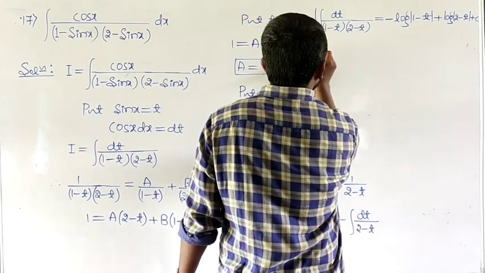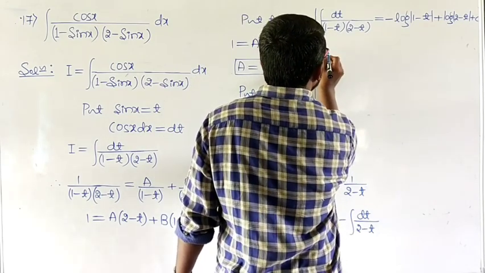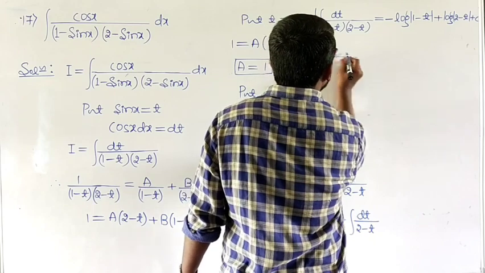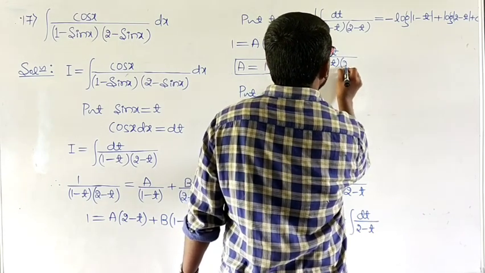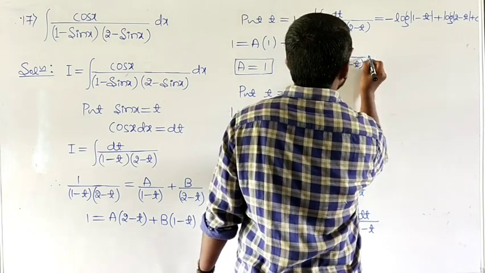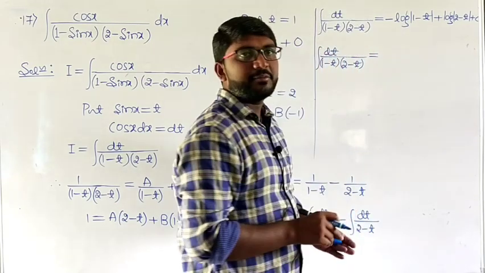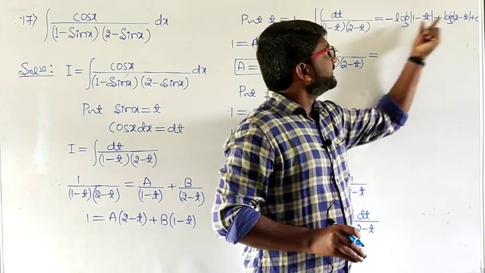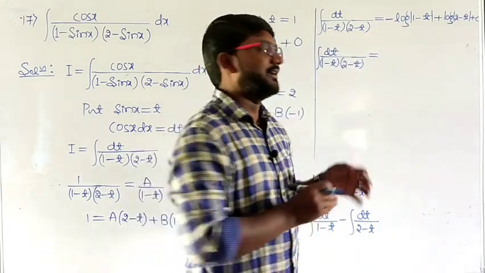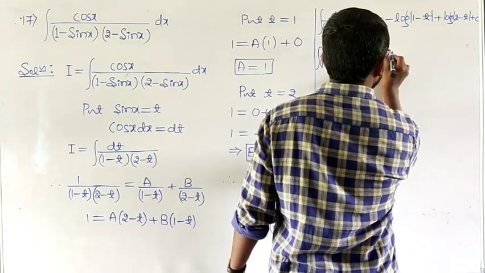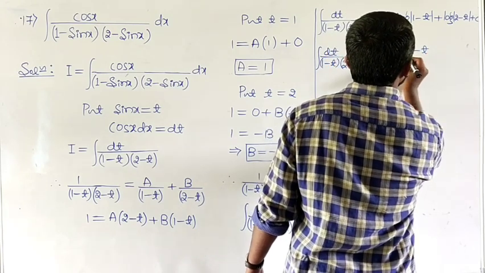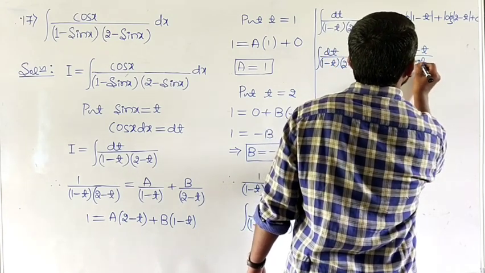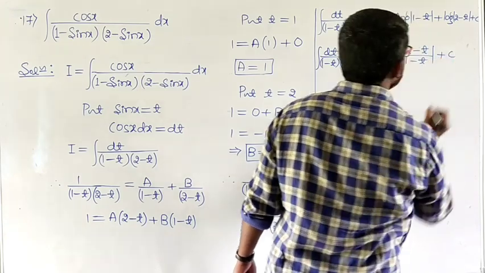So here integral, we'll write one more step now, dt divided by 1 minus t into 2 minus t which is equals to, this is in the form of log x minus log y, it is log x by y, log 2 minus t divided by 1 minus t plus c.